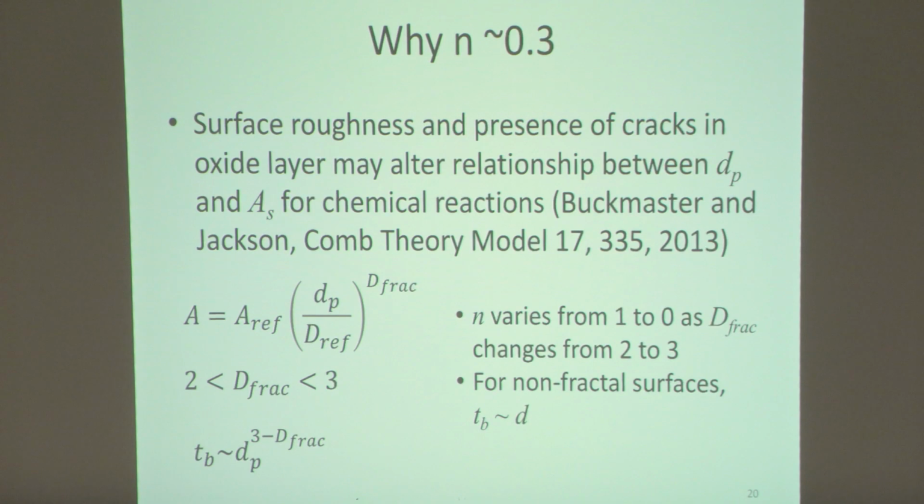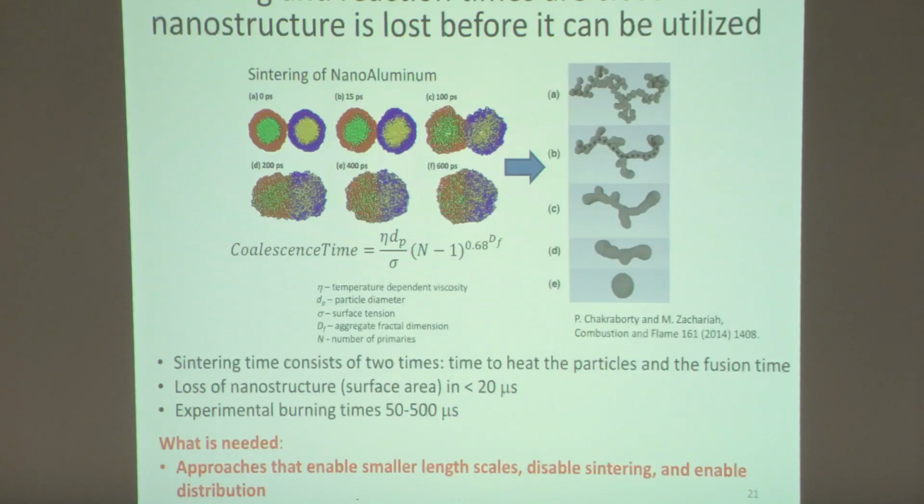Typically for these small nanoparticles that are joined together, the fractal dimensions are between 2 and 3, and they argue that the burn time is going to scale as the particle diameter to the 3 minus the fractal dimension. So n varies from 1 to 0 as the fractal dimension varies from 2 to 3, and as a consequence, you're not getting the value of d to the 1 when you get to smaller dimensions.